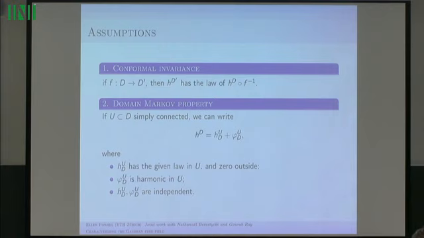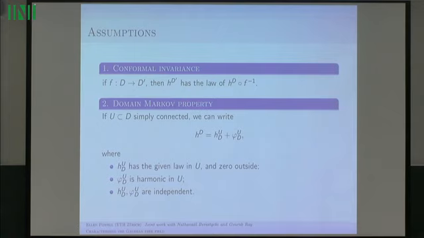The first two are exactly what I just described, these important properties of conformal invariance and the domain Markov property. These have exactly the same form that I stated in the previous slide. Conformal invariance says if I have a conformal map from a domain D to a domain D prime, if I take some field with the given law in D and look at the image of it under the conformal map, then the resulting field has the given law in D prime.